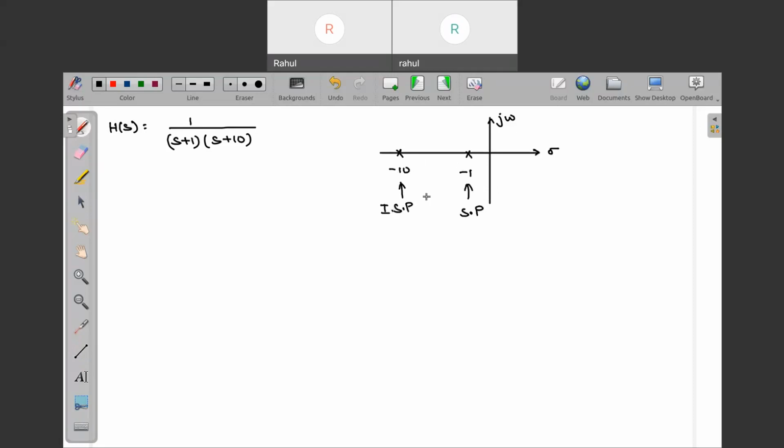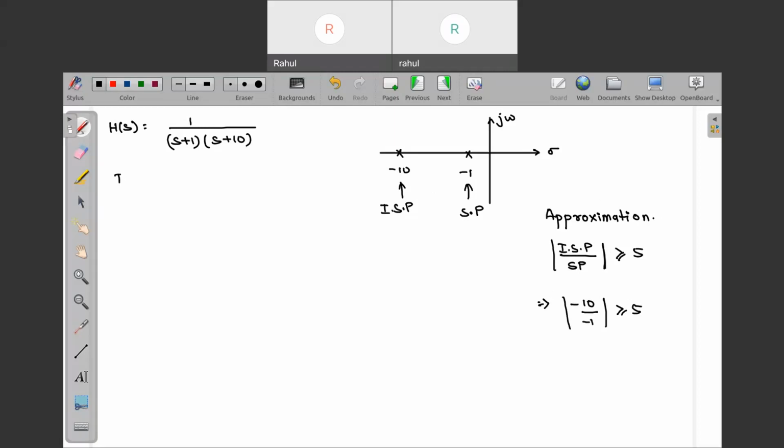Now for your approximation to take place, the condition is that the distance between the insignificant pole and the significant pole should be greater than or equal to 5. Here, -10 by -1, if you take the mod, is greater than 5, so you can do the approximation.